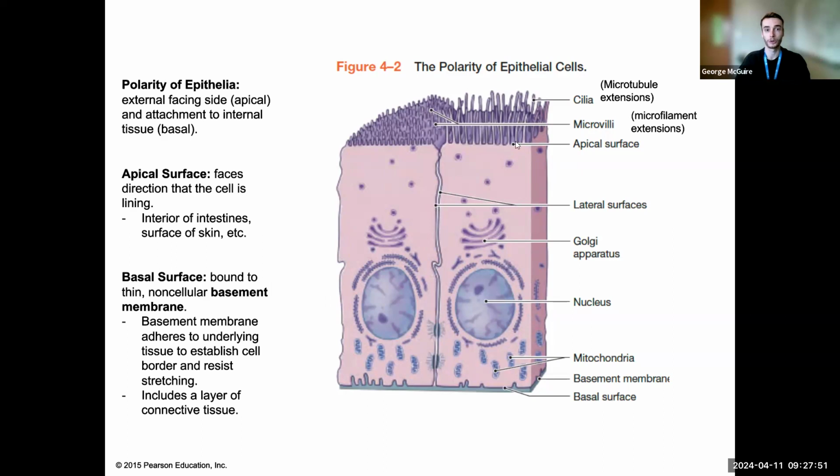Right? Just like with polar molecules, where we had two distinct poles on the molecule, a slightly positively charged and a slightly negatively charged pole, the polarity of these cells is referring to the fact that we have distinct characteristics that are different on either side of the cell. So again, our apical surface facing whatever cavity, and then our basal surface, which attaches to the basement membrane, the connective tissue.